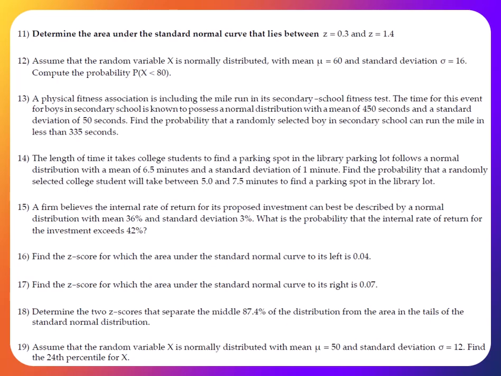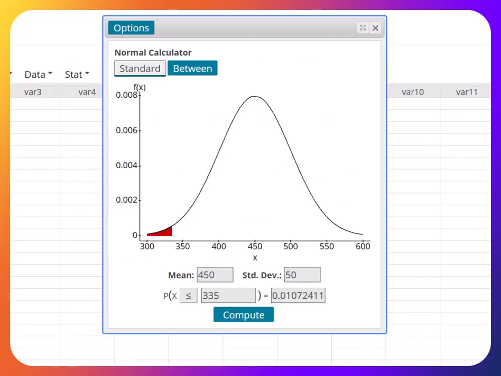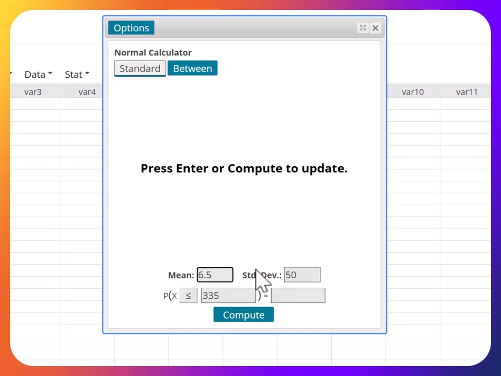The next question. The length of time it takes a college student to find a parking spot in the library follows a normal distribution with mean of 6.5 and standard deviation of 1 minute. What's the probability a randomly selected college student will take between 5 and 7.5 minutes to find a parking spot? Okay, we'll go back to the normal calculator in StatCrunch. So 6.5 is the mean.